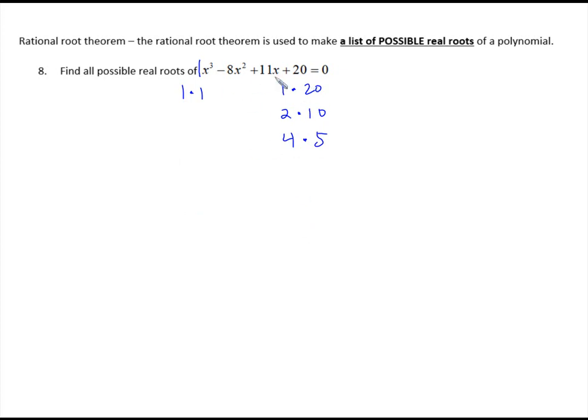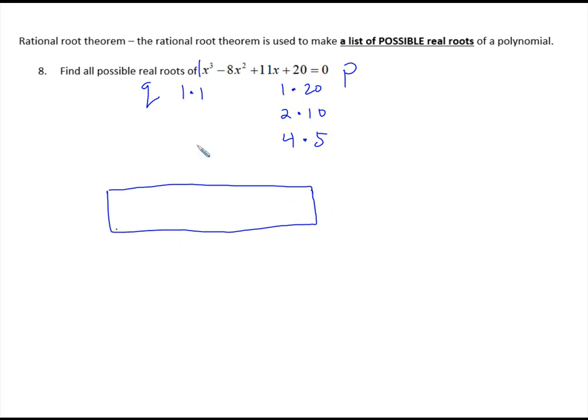So I'm going to give these some variables. I'm going to call all these numbers here the p-values, and all these numbers over here, the factors for the coefficient of the highest exponent, we'll call these q. What you want to do is help organize everything. We're going to make a list, like a little box.